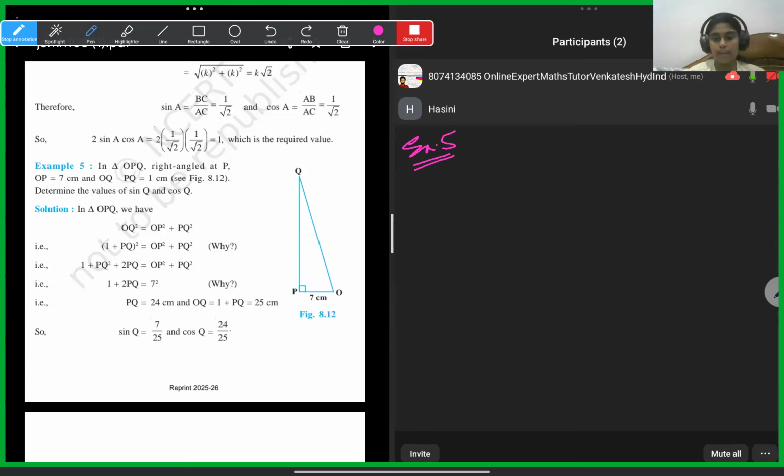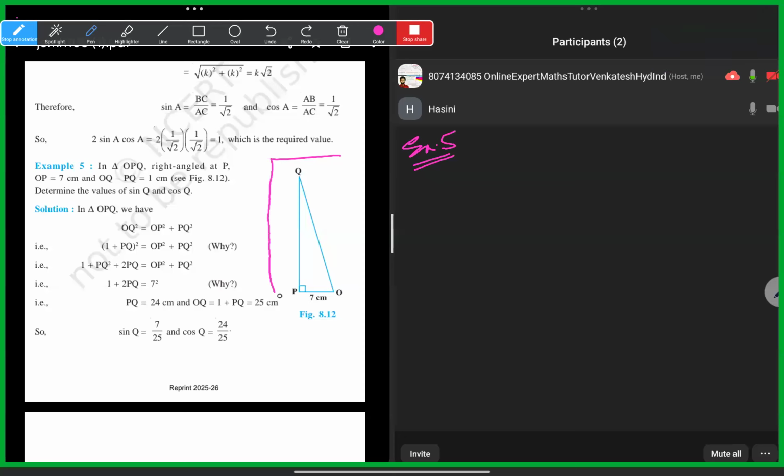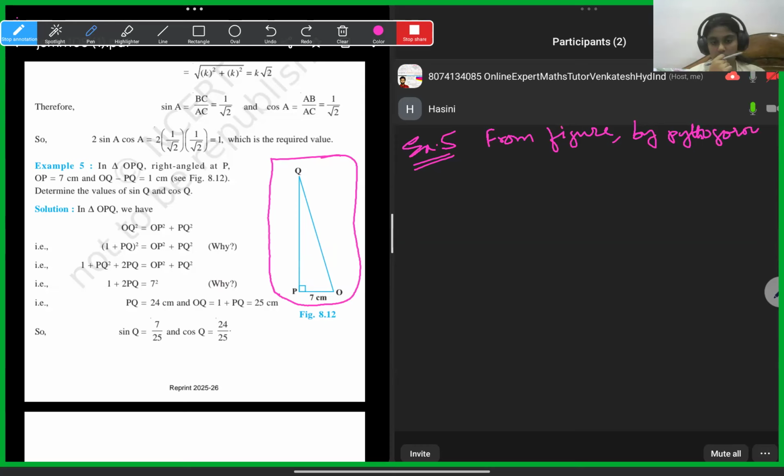So what is the Pythagoras equation for this triangle? OQ square is equal to OP square plus QP square.